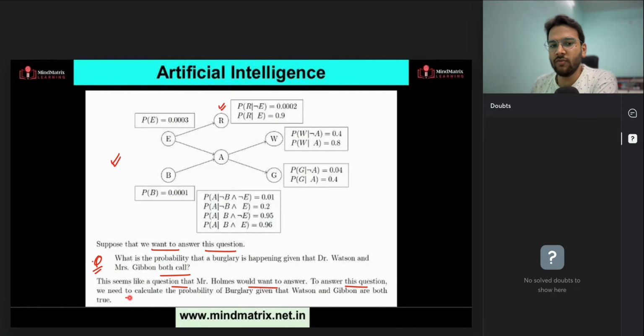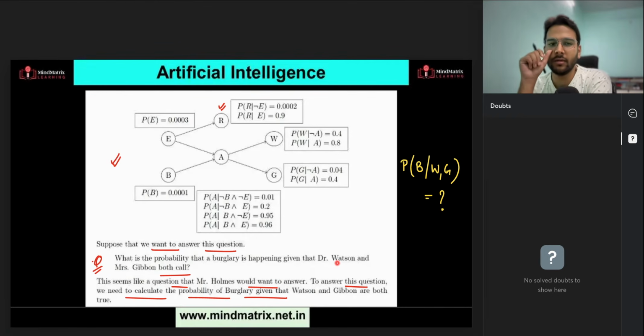And to answer this question, we need to calculate the probability of burglary given Watson and Gibbon both called. That means ultimately, can I say that I'm interested in finding the probability of burglary given Watson and Gibbon? Yes or no? This is ultimately what we want to answer.